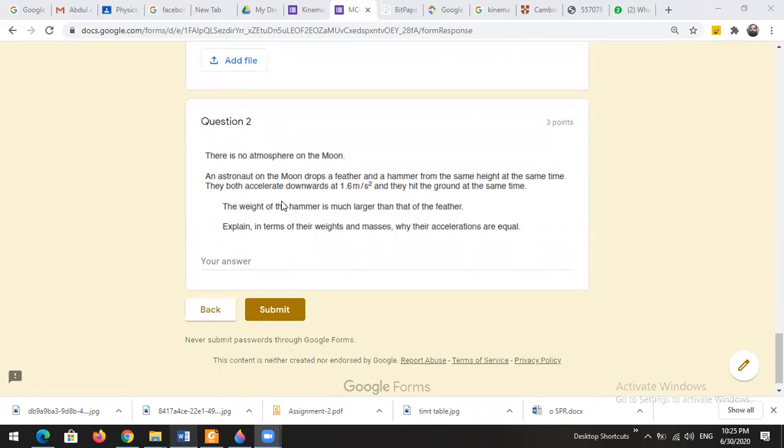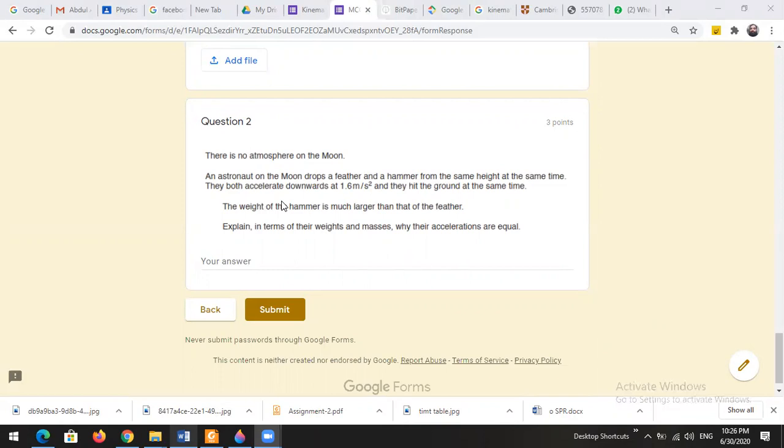They both accelerate downward at 1.6 meters per second squared. Obviously there is no air resistance, so acceleration will be constant for both bodies, and they hit the ground at the same time. The weight of the hammer is much larger than that of the feather.